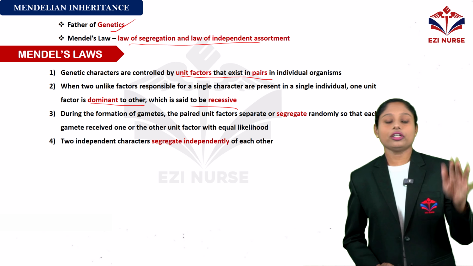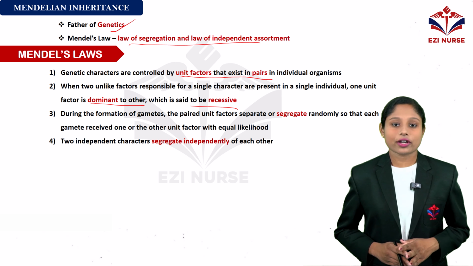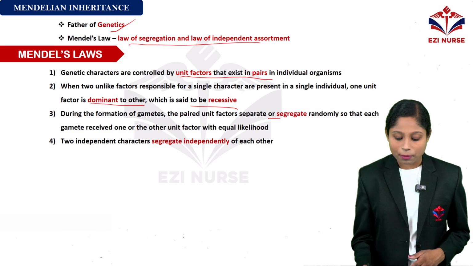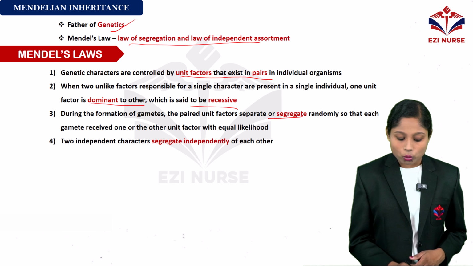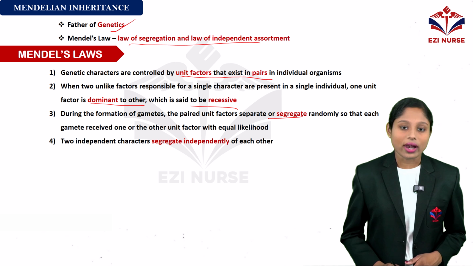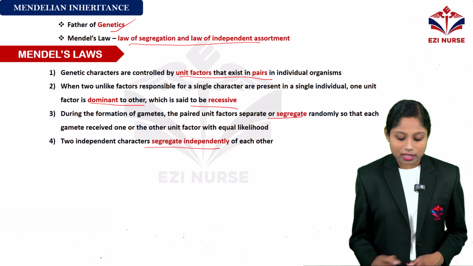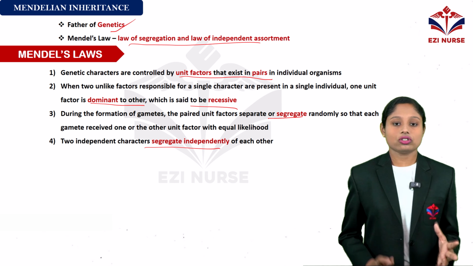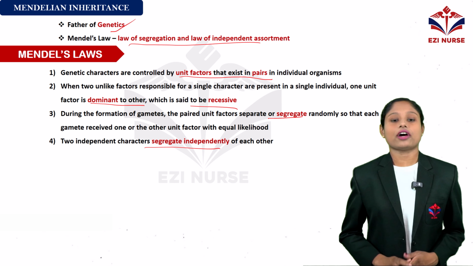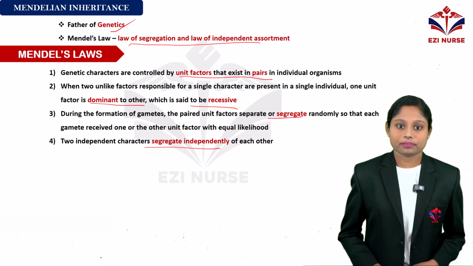During the formation of gametes, the paired unit factors separate or segregate randomly, so each gamete receives one or the other unit factor with equal likelihood. Two independent characters segregate independently of each other. This is the main Mendel's law in genetics. He is the father of genetics, Gregor Mendel.